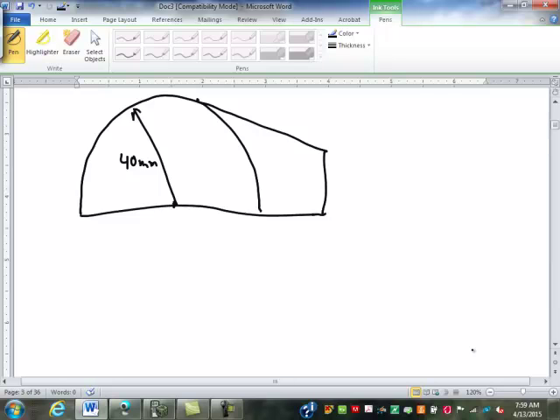This here is a 3-to-1 slope or a 1-in-3 slope. This is 12 millimeters. Our first exercise, we want to find that distance.